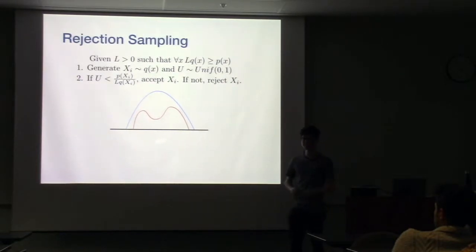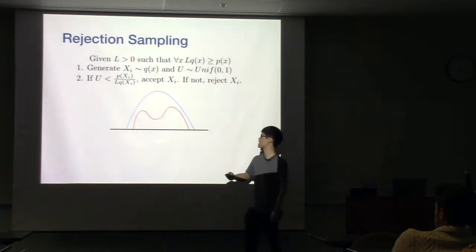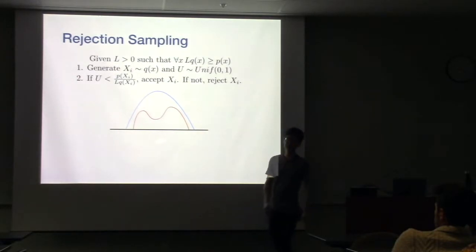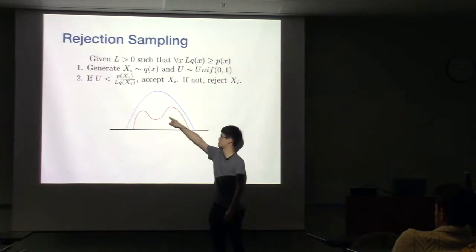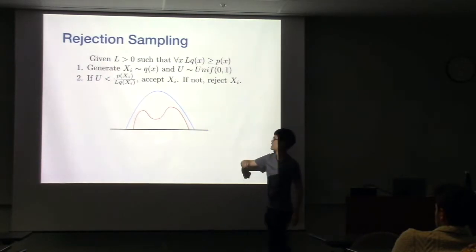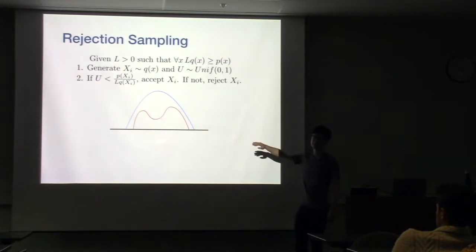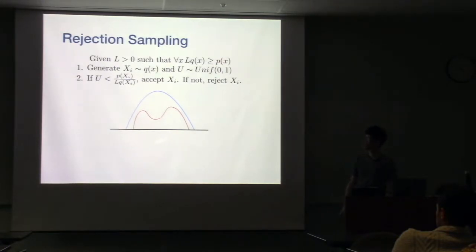And I claim, or it's kind of intuitive, that if you were able to sample uniformly under that curve, so maybe you would sample points anywhere under that curve, and then you just consider what x value those samples have, then those samples would come from the correct distribution, P of x.